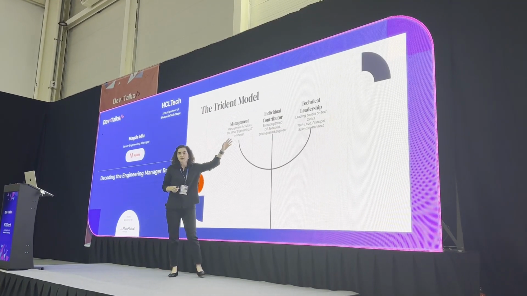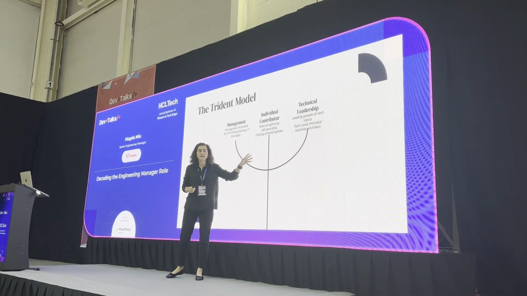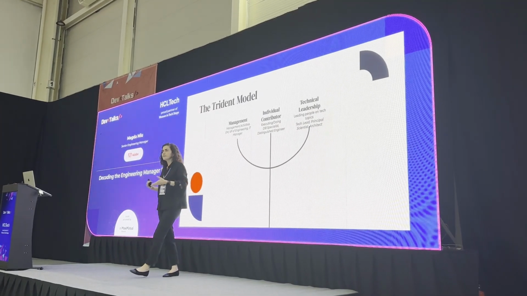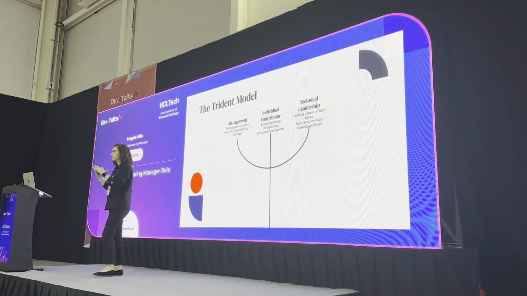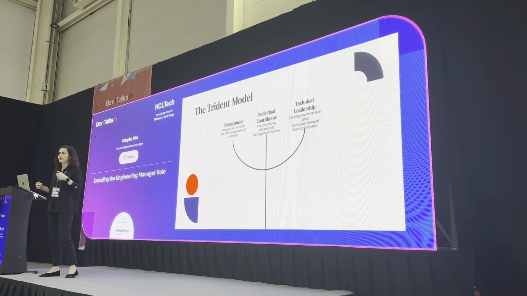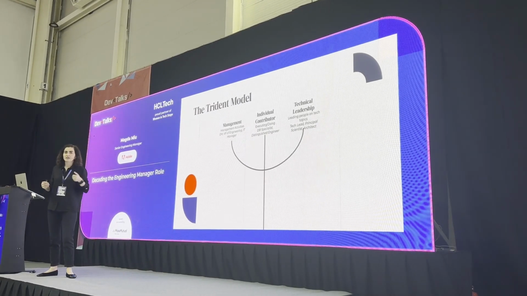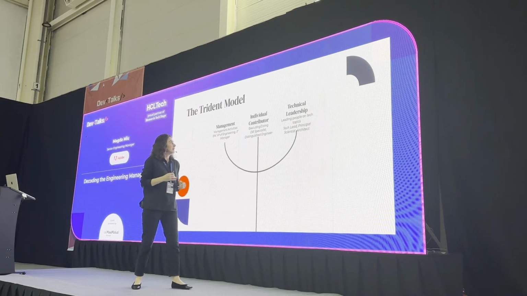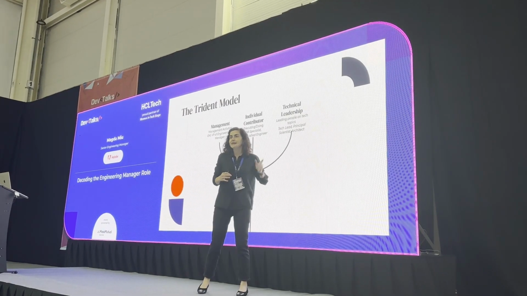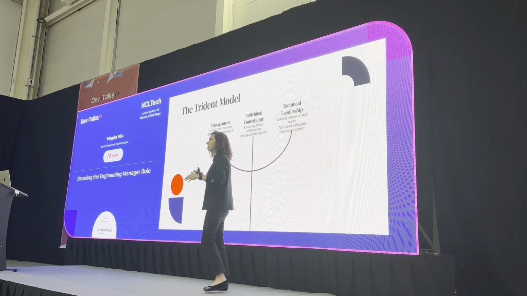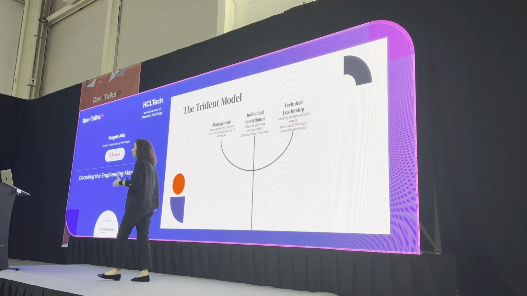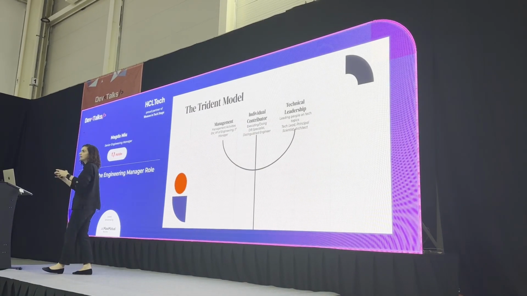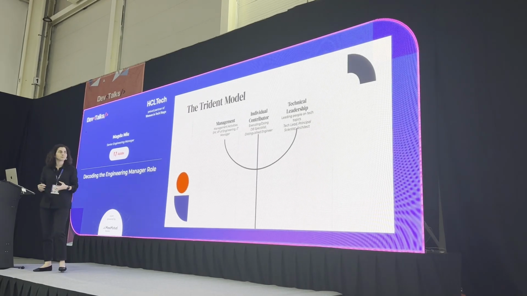You have the individual contributor path, and here it's more about executing or doing. You are a specialist on something, you are a DB specialist, maybe a backend engineer and you are very focused on that, or a full stack engineer and you are focused on that. And there's also this path, technical leadership, when you are more than a developer, you are also driving the technical topics for your team.